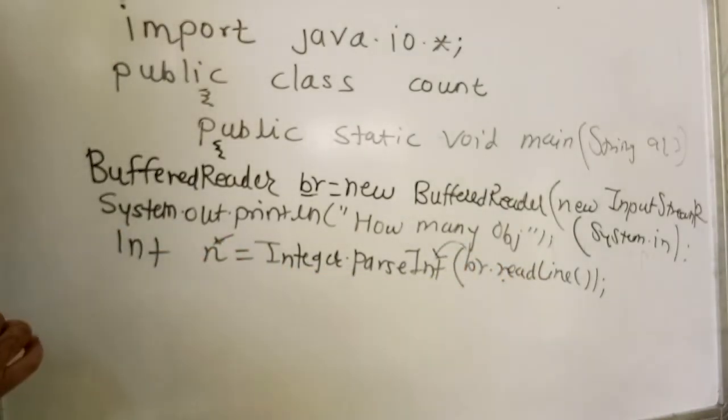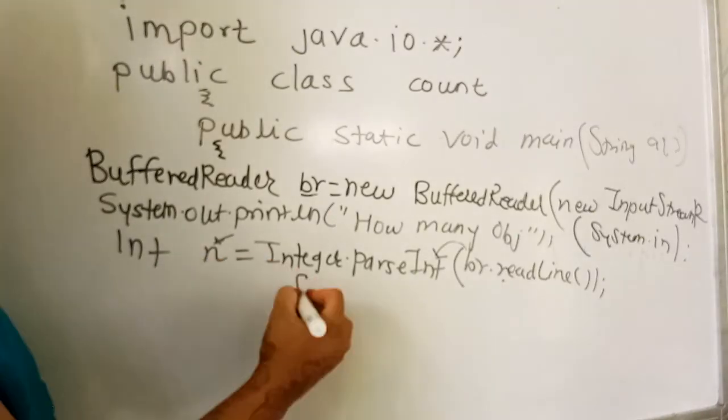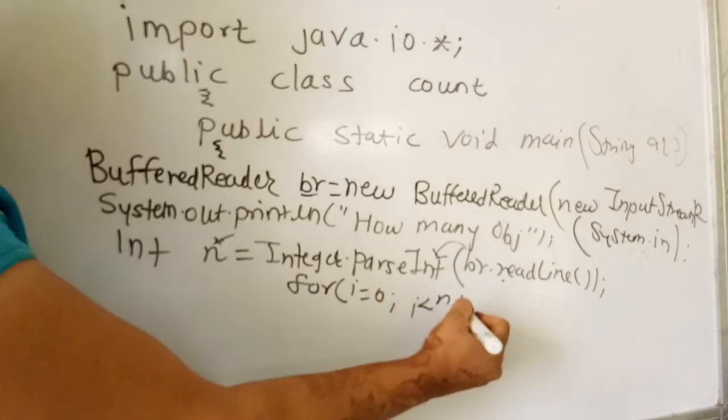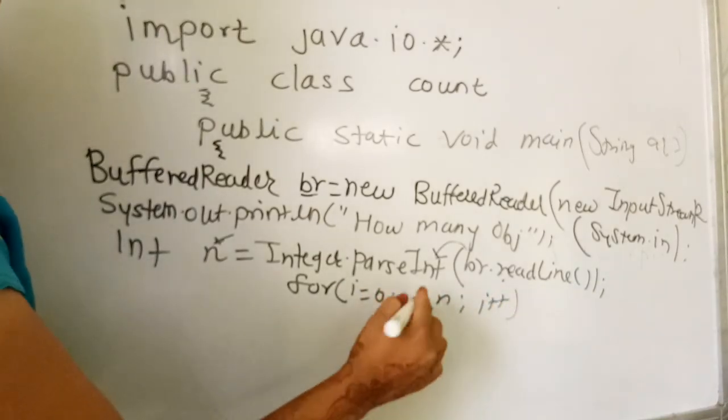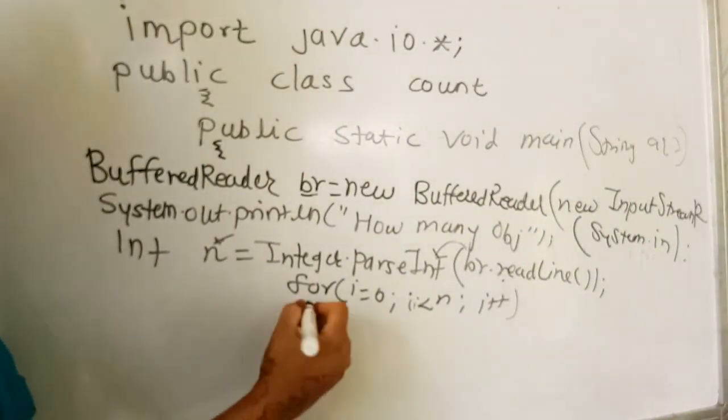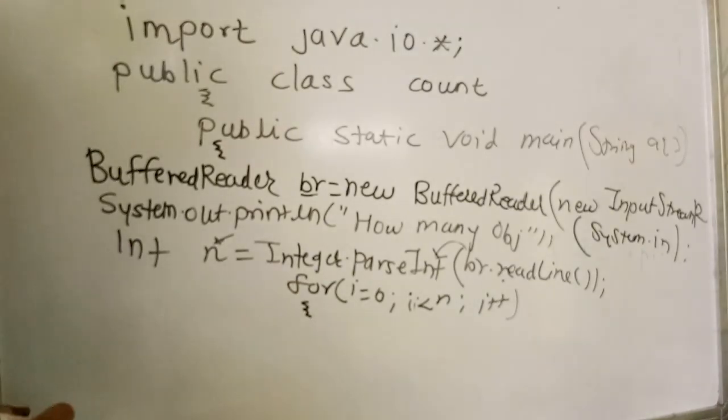Now the only task remaining is to count these objects. So we take a for loop, for i = 0, i < n, i++, and simply create the object of the class, that is Count.